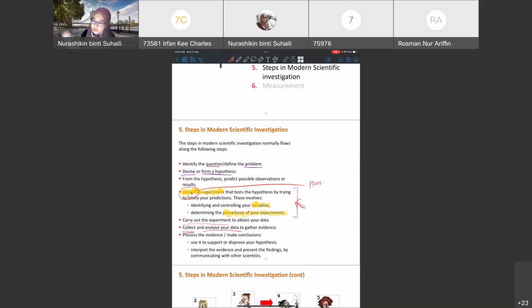Maknanya once, let's say you ferment, you give the microbes media. Media is food, food in the lab, and you grow it and the microbes grow. So you know that E. coli grow for 24 hours. So it means that during that 24 hours, it's not that you just watch it to grow, you know. So you must do something. So you must know how you want to analyze the growth.